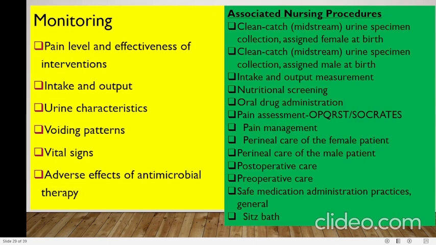You do monitoring, and in monitoring, you're monitoring the pain level and effectiveness of intervention using the OPQRST, intake and output, urine characteristics, voiding patterns, vital signs, adverse effects of antimicrobial therapy.